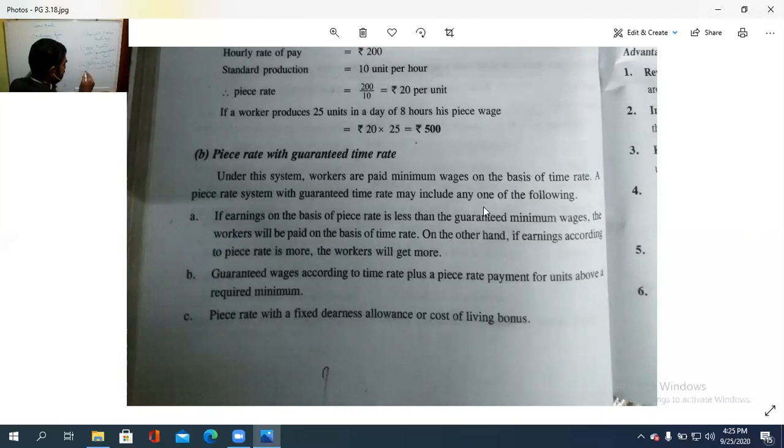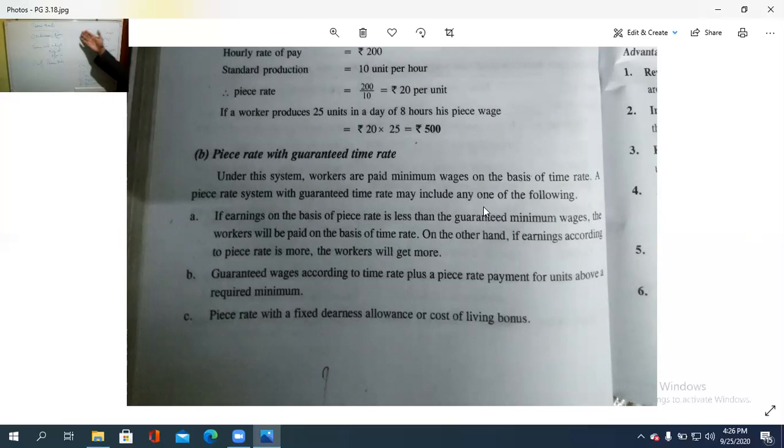Here, one is Taylor's differential piece rate system, another is Merrick's multiple piece rate system, and the third is the Gantt task and bonus plan. So those are the three methods with regard to the piece rate system.